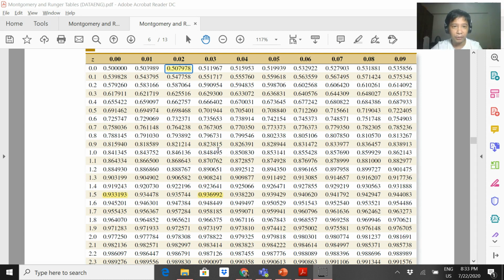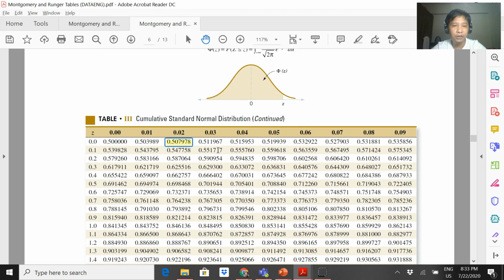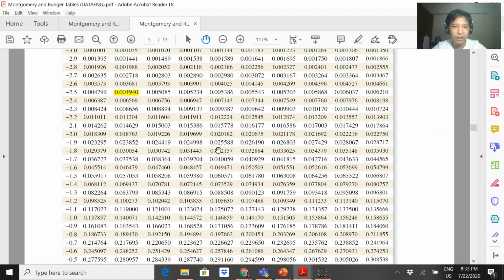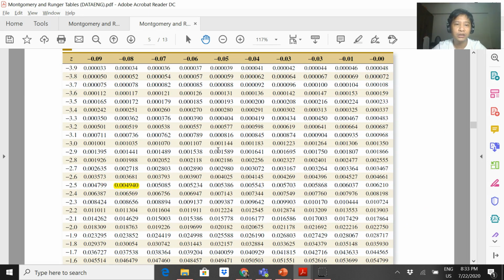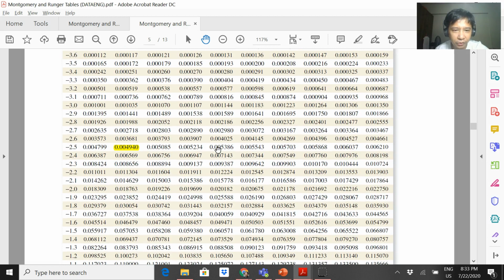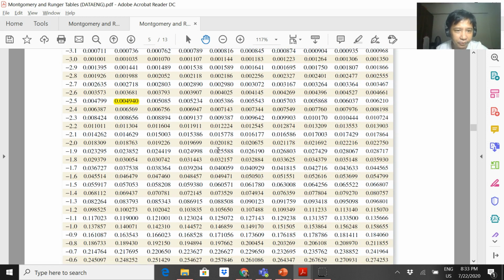So, ang probability daw ng 0.05. So, hanapin nyo yung probability value na 0.05. So, ito siya. 0.05.